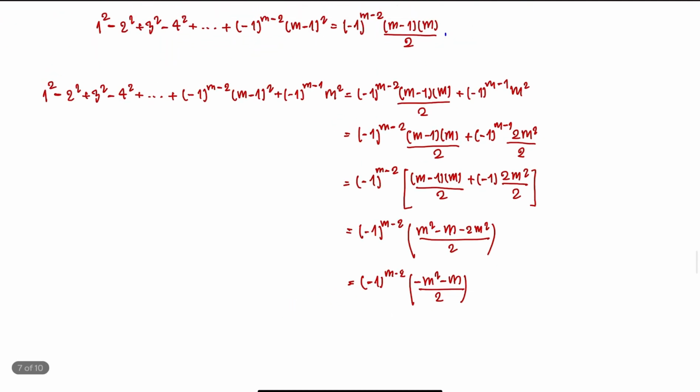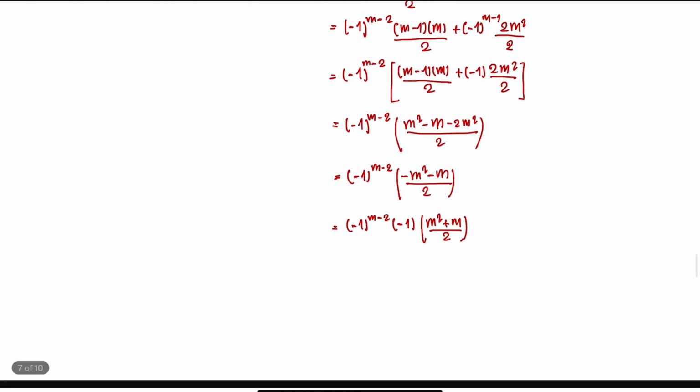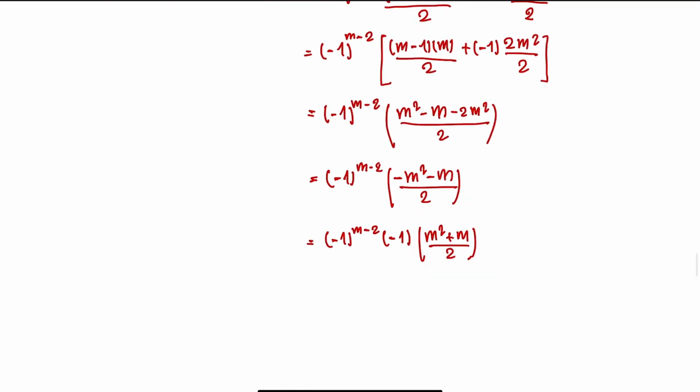We remove this minus sign here. So we're going to have minus 1 raised to the M minus 1 times M squared plus M over 2. And factorize M right here. So we're going to have minus 1 raised to the M minus 1, times M plus 1, times M over 2.